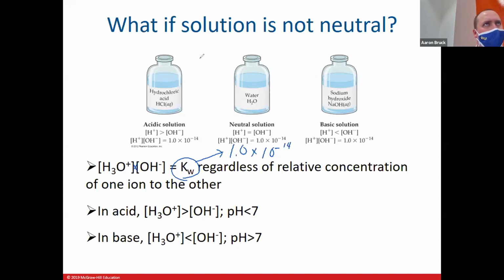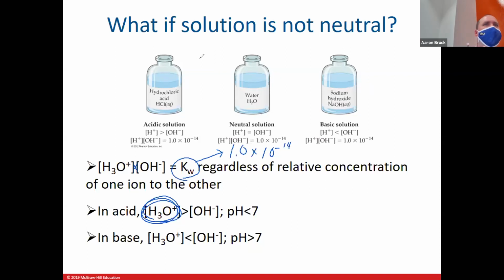Again, there will always be some hydronium and some hydroxide present in the solution, regardless of what else is in the water. But what we can say definitively is that when we have an acid, that acid comes about because we have more hydronium than hydroxide.